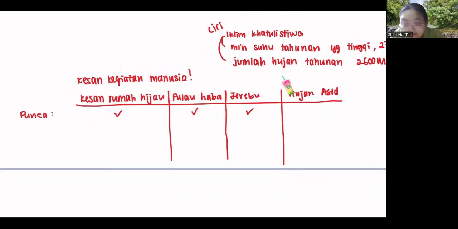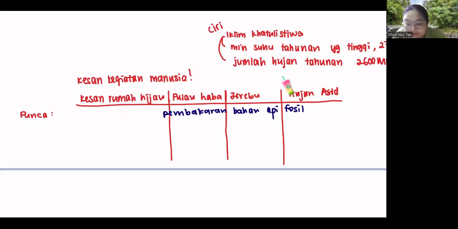If you cannot remember, there is a very general point you can always use for punca, even those your textbook didn't teach you. A very, very general one: pembakaran bahan api fosil. It may cause greenhouse, Pulau Haba, Jerebu, hujan acid.